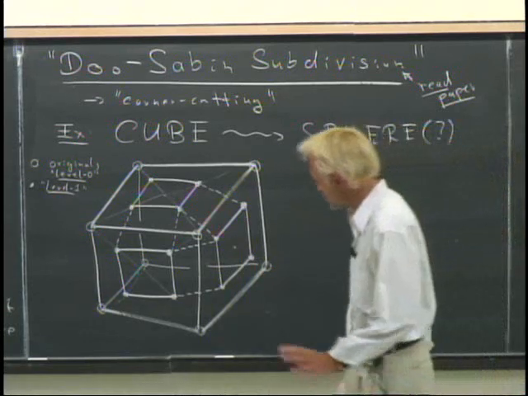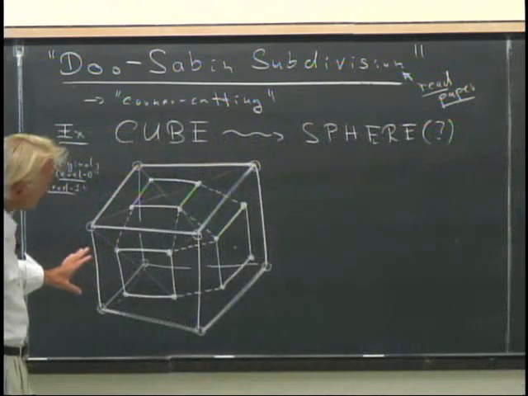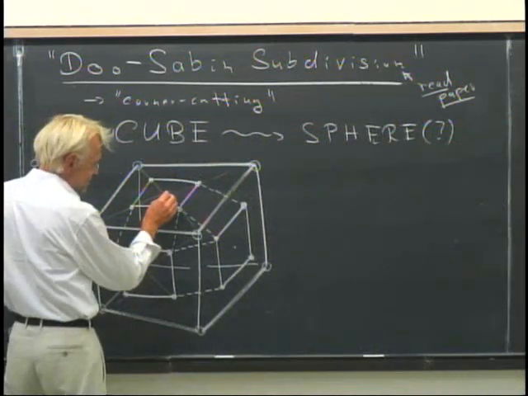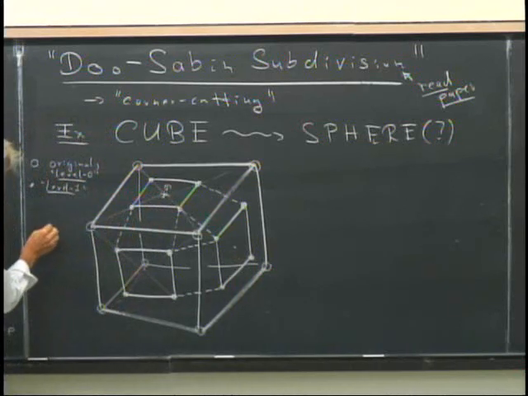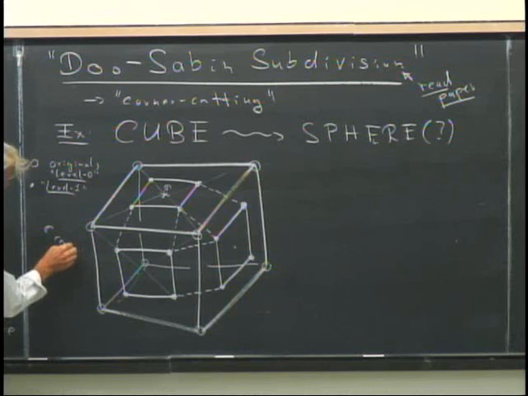Again, the intricate part of this is this was the centroid, right? C is the centroid of a face.